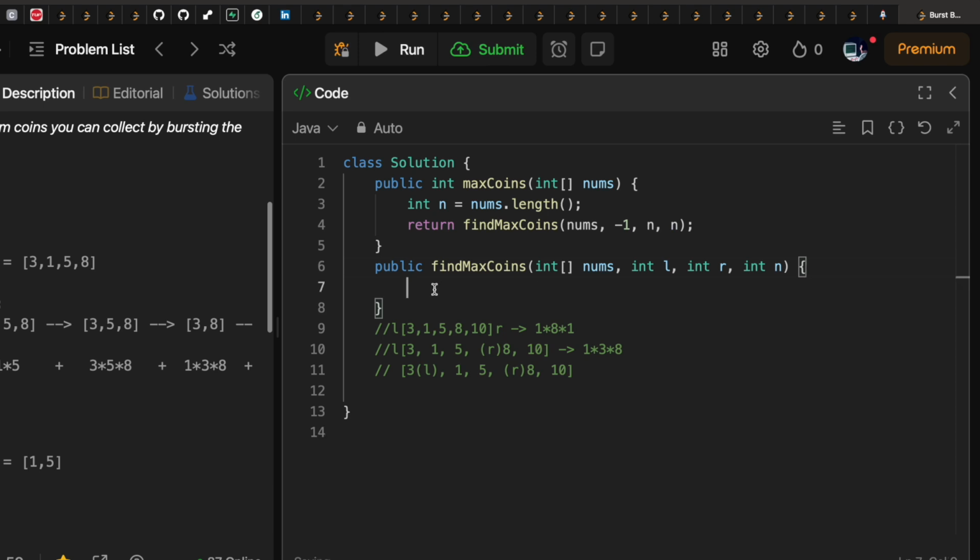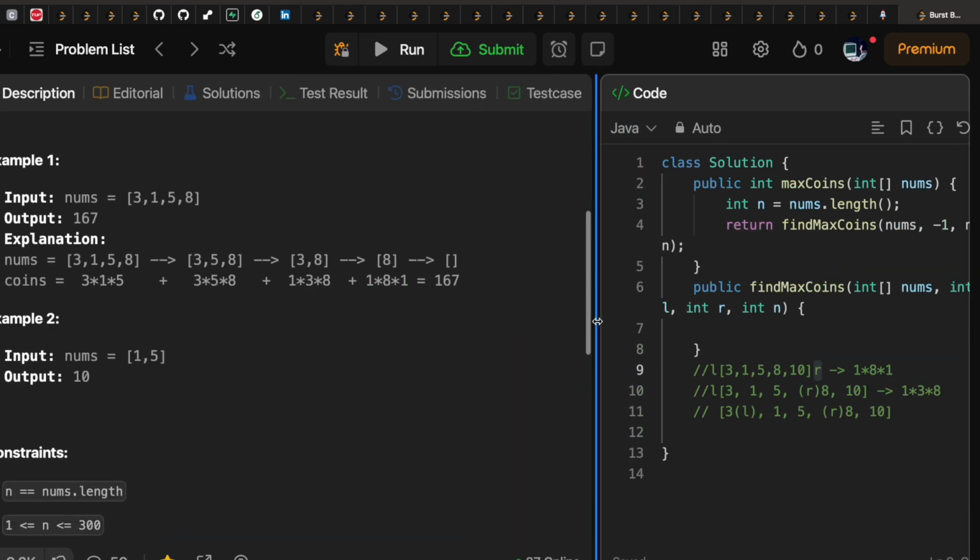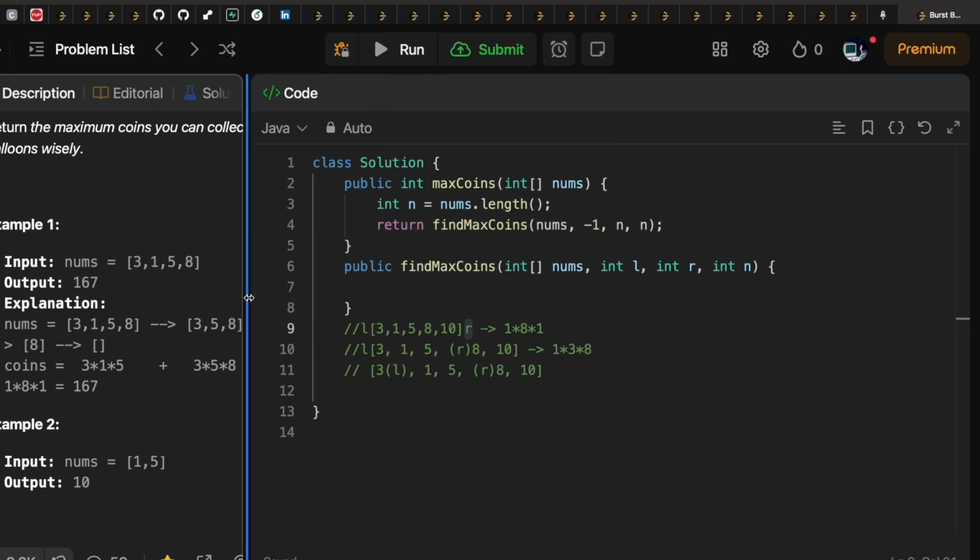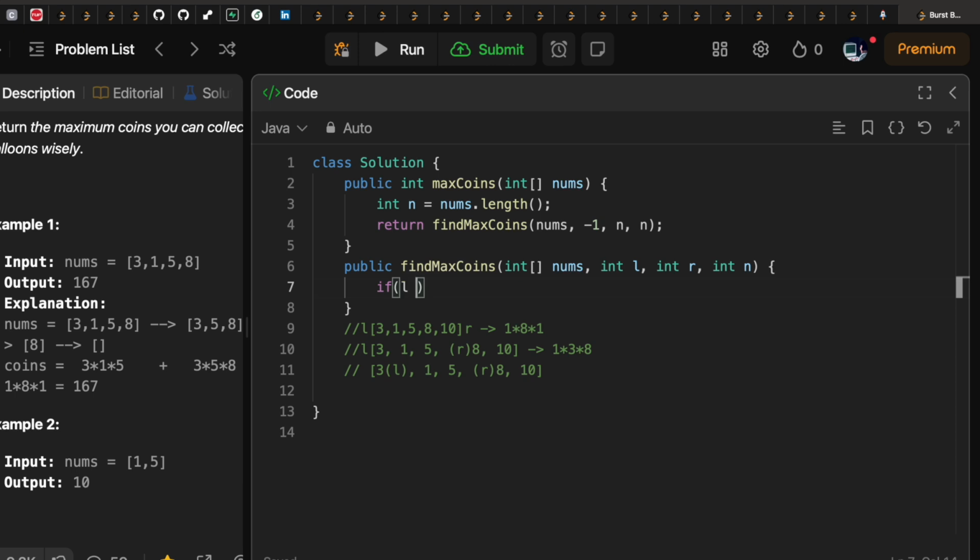For the last balloon, whatever balloon we are bursting at last, we will have the left and right values out of bound, because we will be left with only one balloon. So the left values will be out of bound, which means we have to take the 1. So the base condition will be: if my left part passes the right part, in that case I can return, let's say, 0 for now.